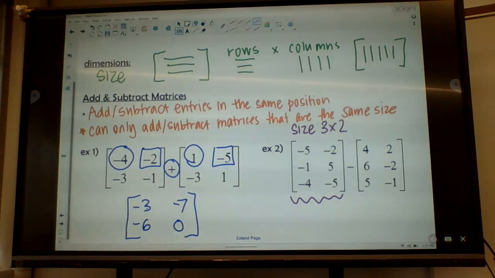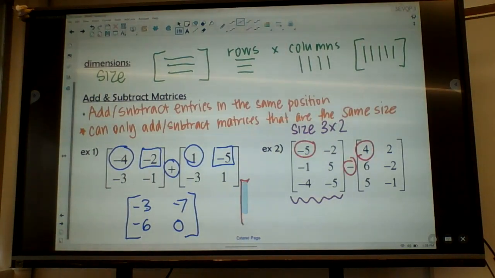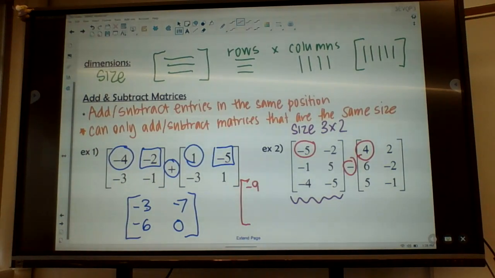Now the next one we're subtracting, that's a little bit more complicated. Because in order to subtract, we have to think about the subtraction going to that second matrix. So I'm doing -5 minus 4. And again, I apologize, I can't get it to adjust down. -5 minus 4 would be a -9. -2 minus 2 would be a -4. So my top row would be -9, -4.